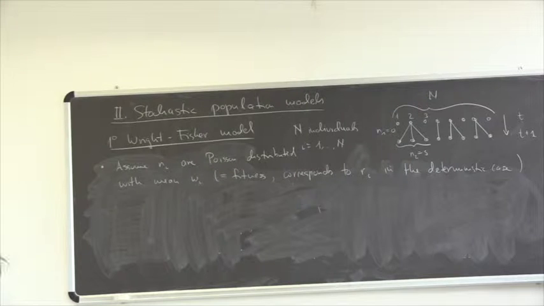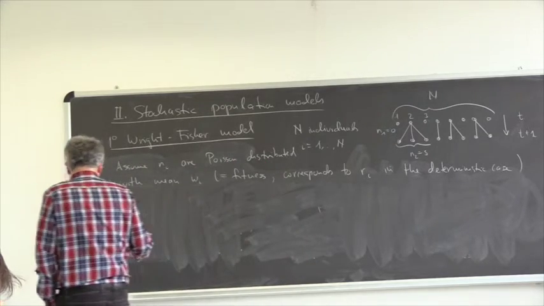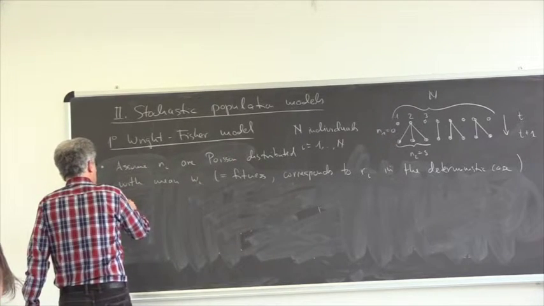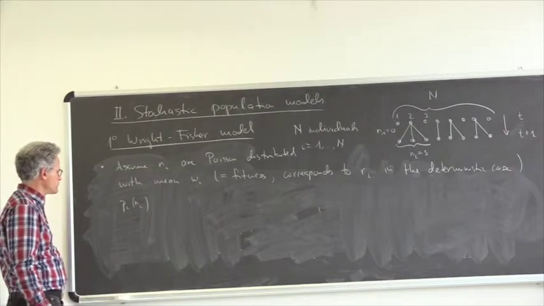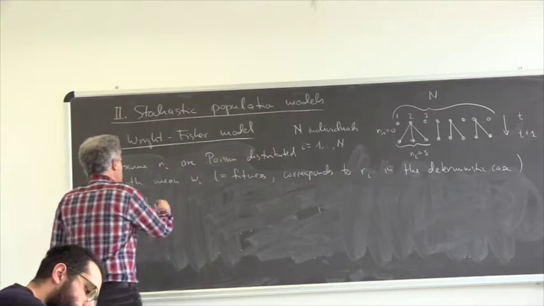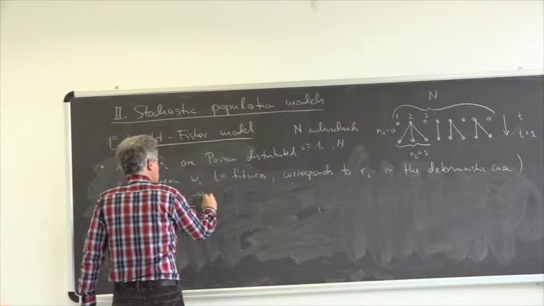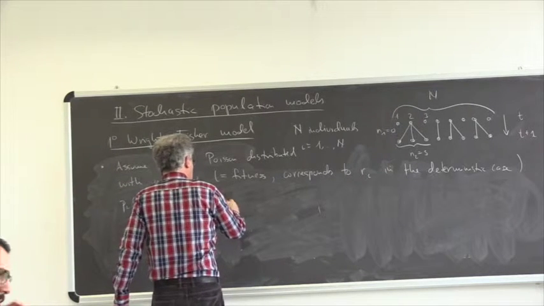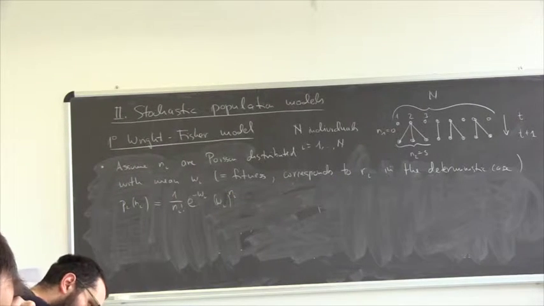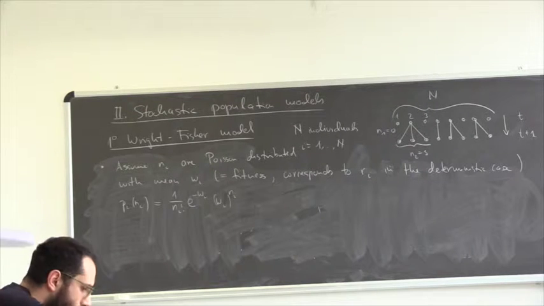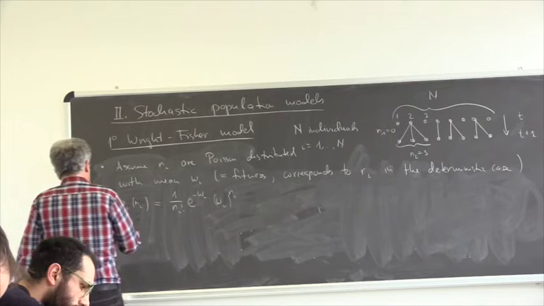So then, if this happens independently for each individual, let me write down the Poisson distribution: the probability that the ith individual has ni offspring is 1 over ni factorial, e to the minus wi, times wi to the ni. This is the usual definition of the Poisson distribution.